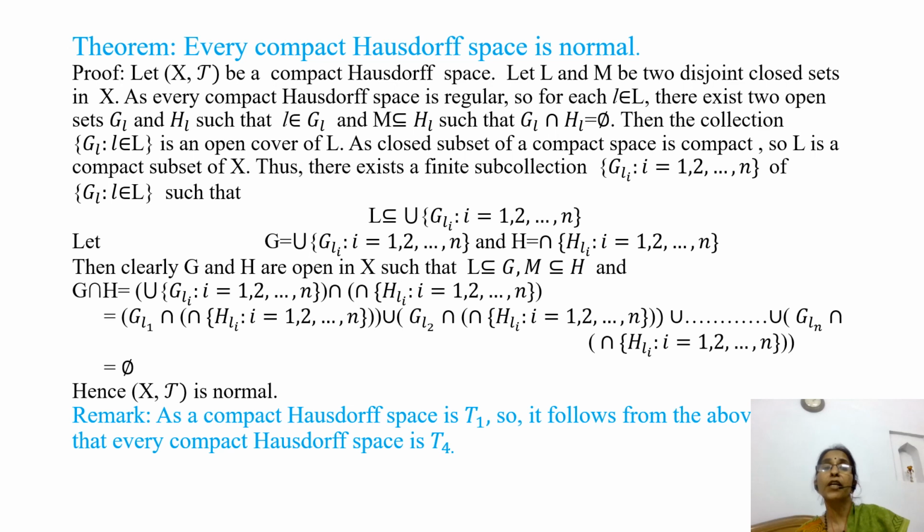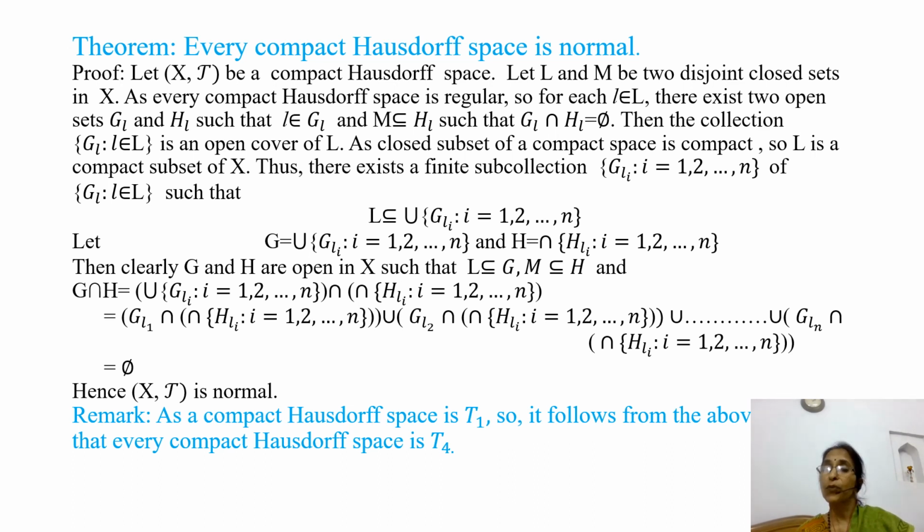So here we have a finite number of sets G_l1, G_l2 up to G_ln such that L is contained in the union of these G_l1, G_l2 up to G_ln. Since each G_li is an open set, their union is also an open set. Let us denote this union by G, then this G is an open set.